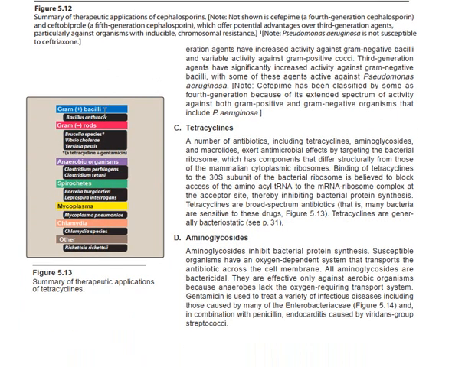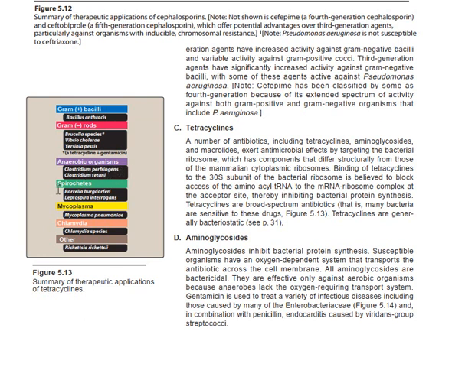Now, the summary of therapeutic applications of tetracyclines. For gram-positive bacilli, we have Bacillus anthracis. For gram-negative bacilli, we have Brucella species, Vibrio cholerae, and Yersinia pestis. Is it clear? A tetracycline plus gentamicin is used very effectively for these microorganisms. Among anaerobic organisms, you have Clostridium perfringens and Clostridium tetani.